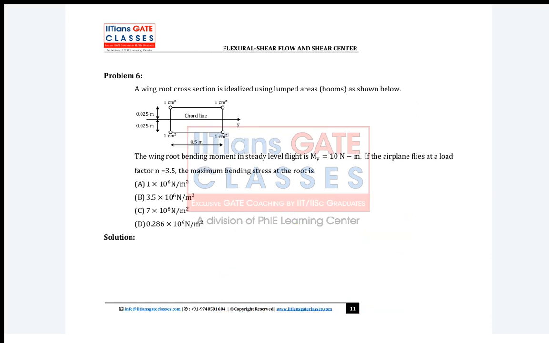See this question. What is given in this question? A wing root cross section is idealized using lumped area as shown below. Now guys, to solve this question, first you need to understand how the aircraft is idealized. The aircraft is idealized like this.